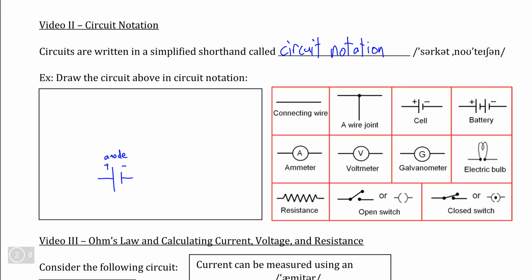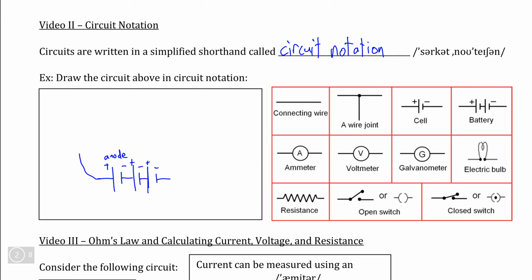However, our circuit in the previous video actually had 3 different battery cells, so we can simply draw out 3 different battery cells to reflect that here. What I've simply done is use the shorthand for a battery cell, and I've drawn 3 of them linked in a row like this.